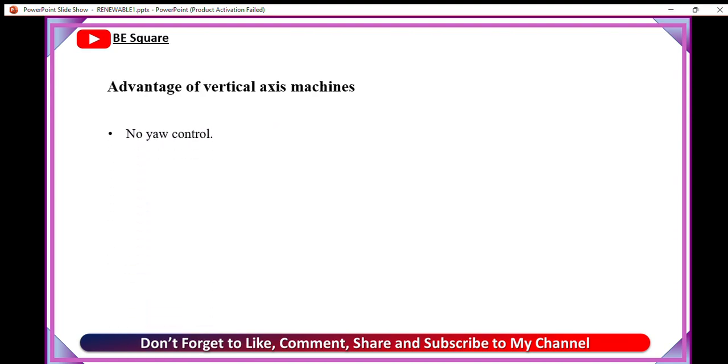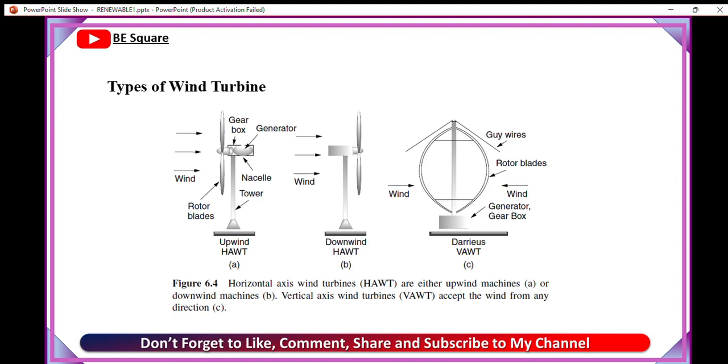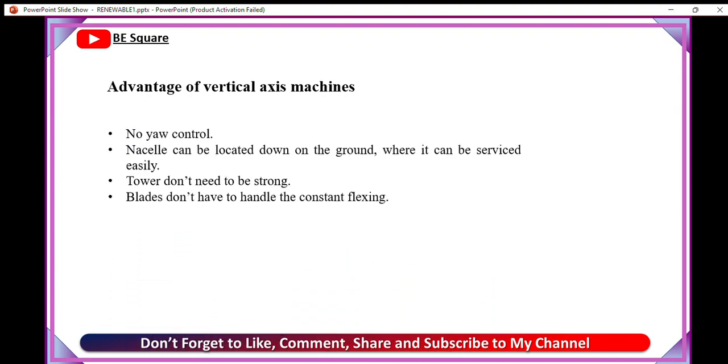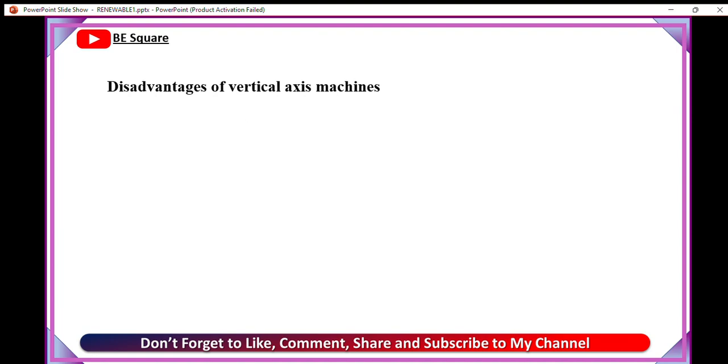So we don't need any yaw control system. And the nacelle, the housing that contains the generator and the gearbox, is placed on the ground, so it doesn't need a strong power tower. And blades don't have to handle constant flexing. These are basically the advantages.